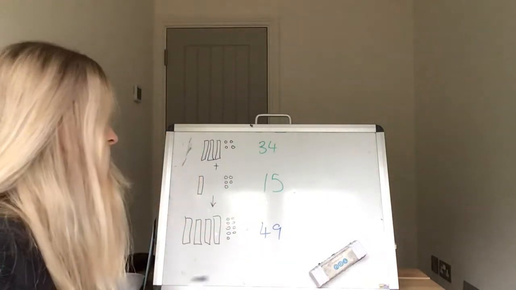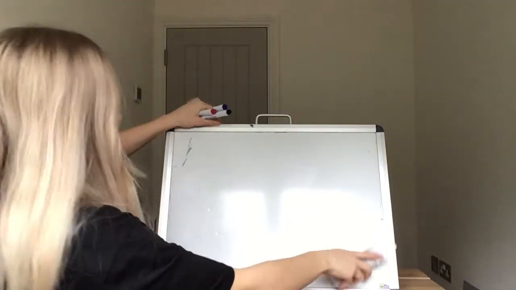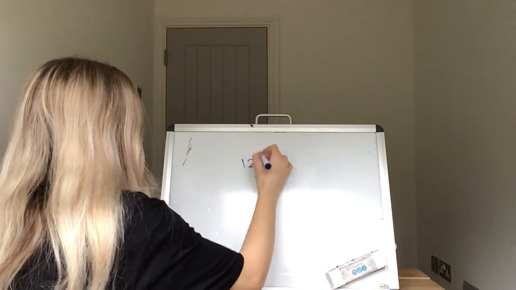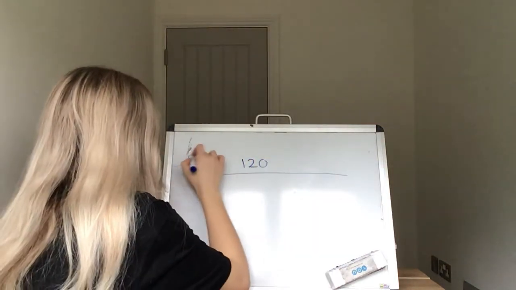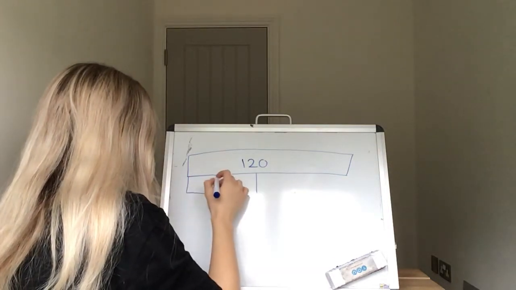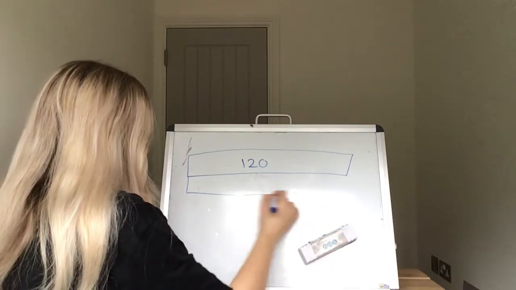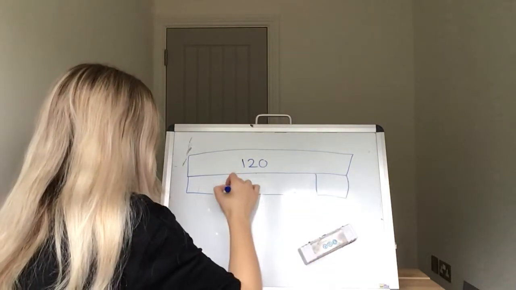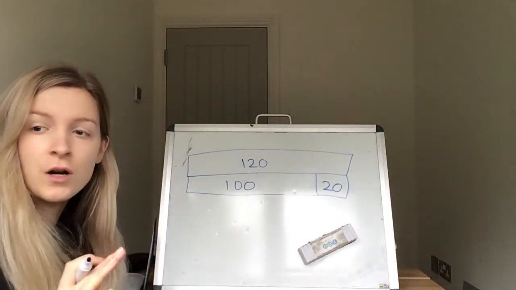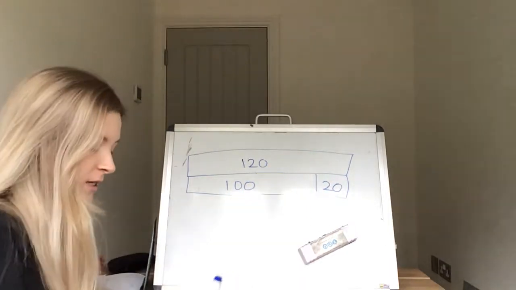Okay, just a couple more. Let's go with a representation that looks like this. Okay, I've got a bar model here, 120, which is split into 120.